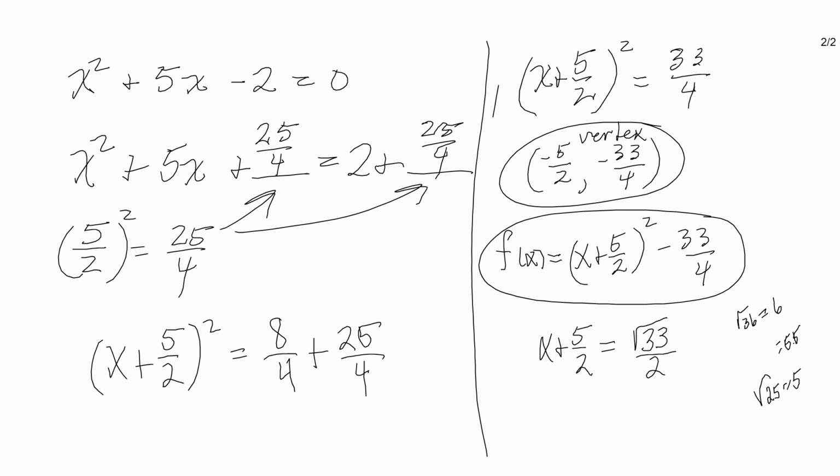Half of 11 is what? 5.5, which is 30.5. So 33 is going to be in the middle right here. So it's going to be around 5.7. So x is equal to positive or negative 5.7.